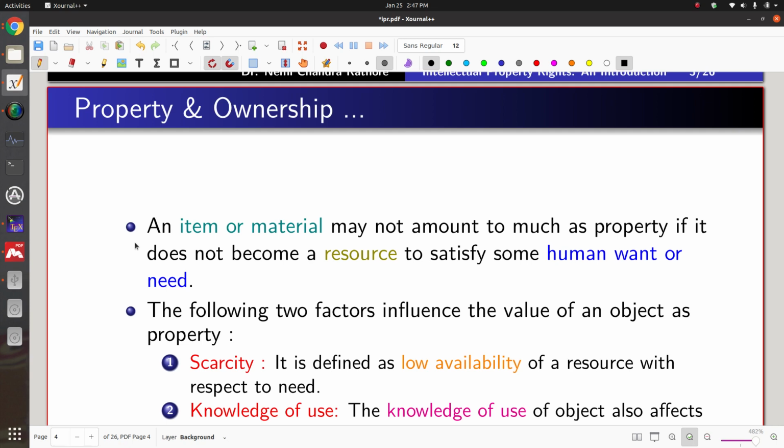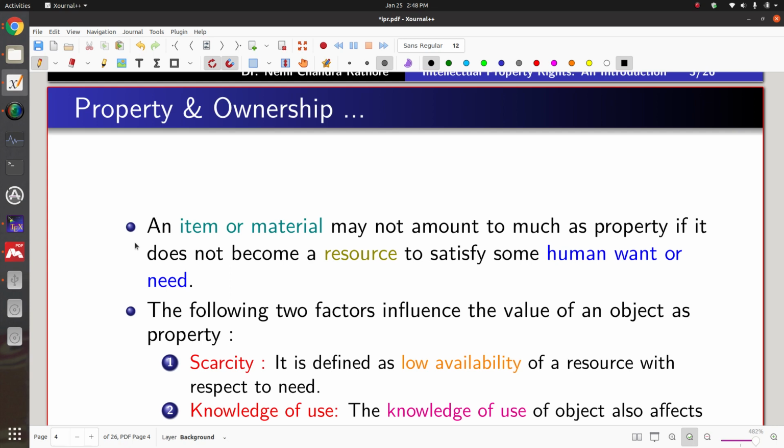That will satisfy your need for a house, and you will be able to protect yourself from different weather conditions, and it will also give you a kind of security. It will give you a kind of pride in your society, and so on. Similarly, a vehicle also satisfies your needs, so that's why it is important.